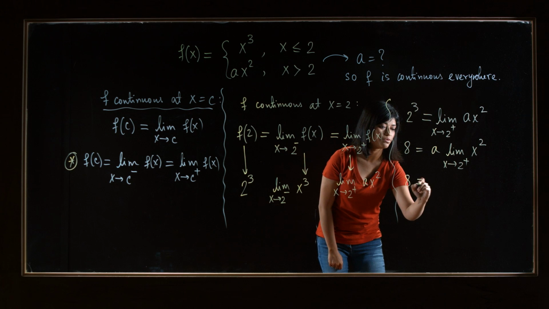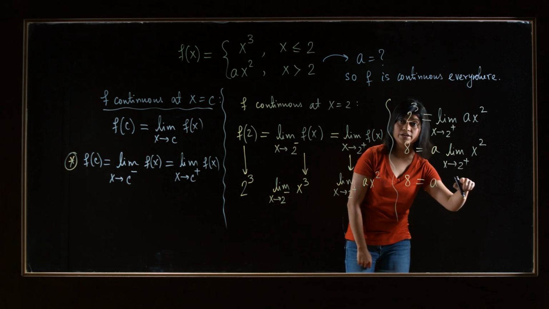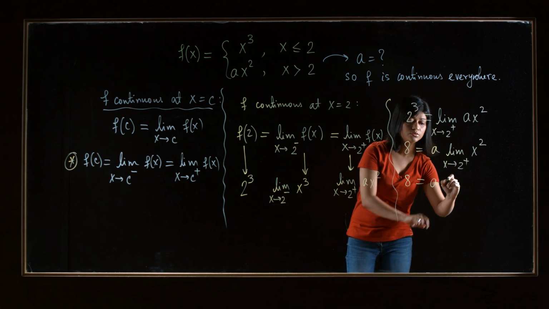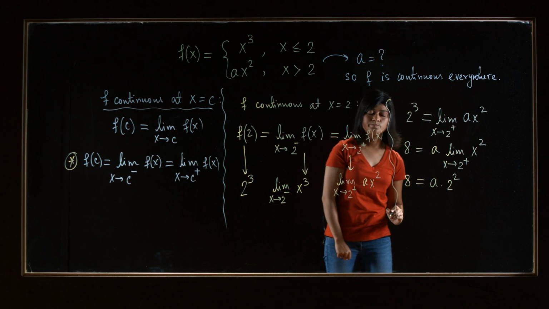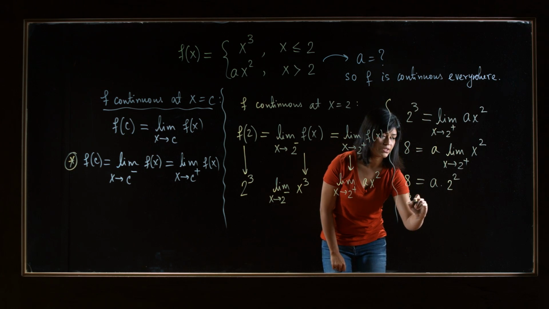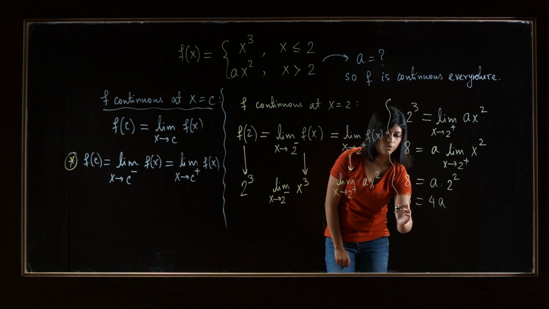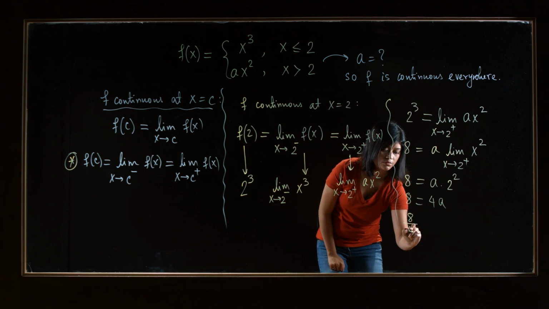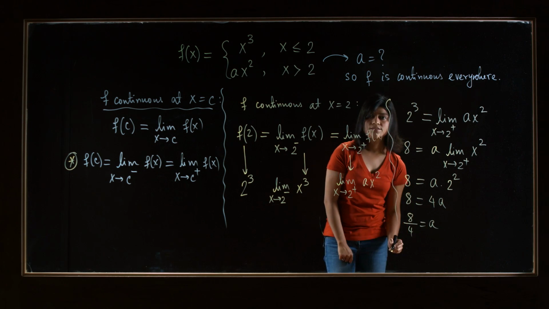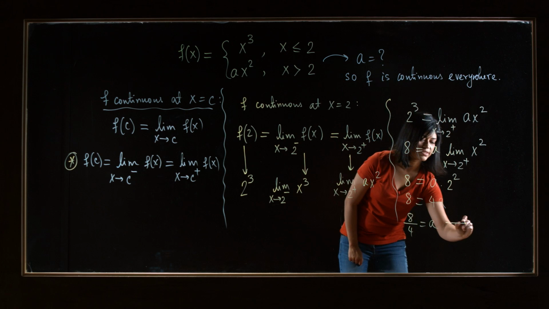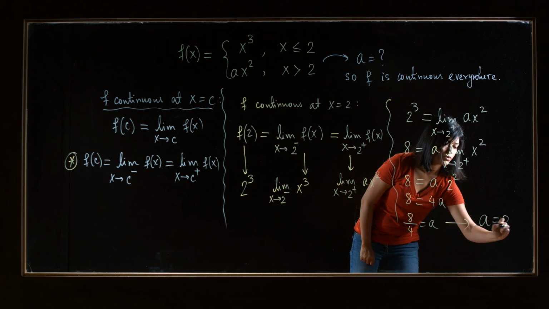So 8 is equal to a times, directly substituting x equals 2, 2 squared. So 8 is equal to 4a, and by dividing by 4 on both sides, we get the value of a. So a is equal to 2.